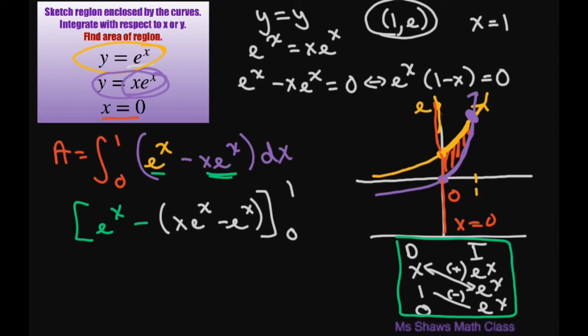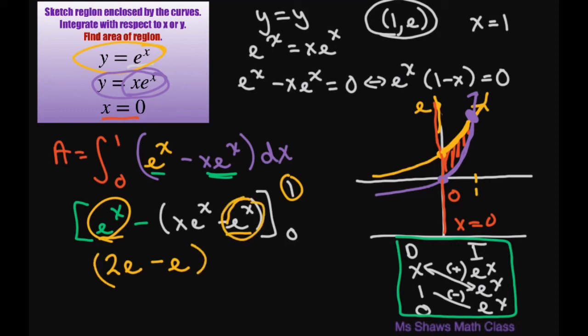All right, let's go ahead and substitute in our 1, and that's going to give you 2e when you substitute in the 1 for these two, minus e. I just went ahead and added these two, because it's minus and negative. All right, that's that.